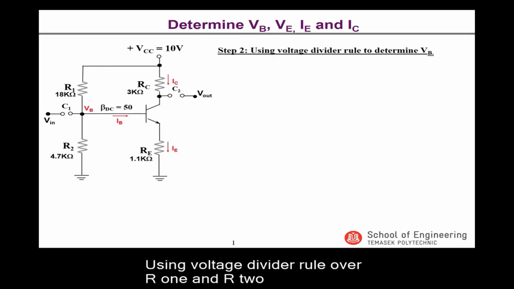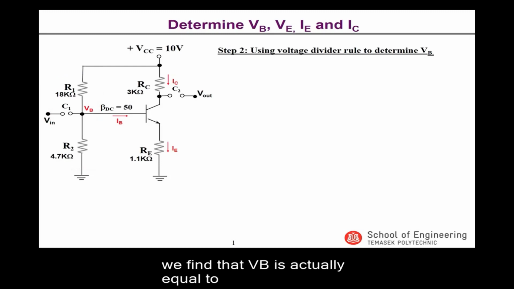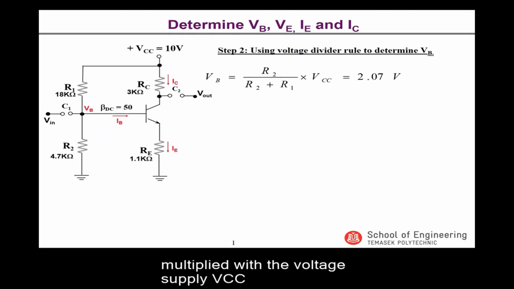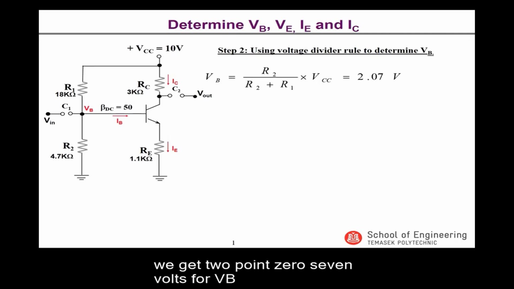Using the voltage divider rule over R1 and R2, we find that VB is equal to the voltage across resistor R2. Hence, VB is equal to R2 over the sum of R1 and R2 multiplied by the voltage supply VCC. Substituting the values of R1, R2 and VCC, we get 2.07 volts for VB.